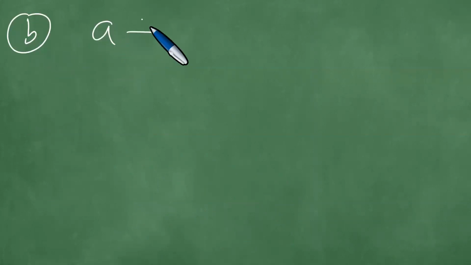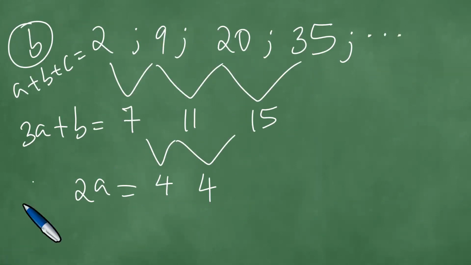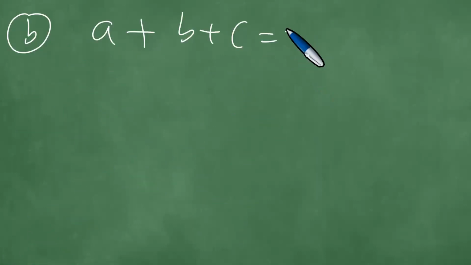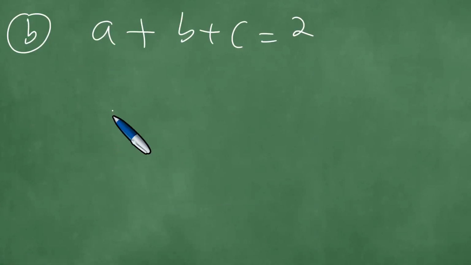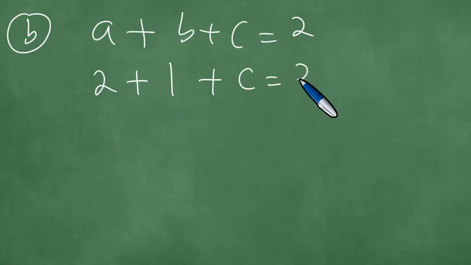We have a plus b plus c equals the first term of the quadratic. So a plus b plus c equals 2. a equals 2 and b equals 1, so 2 plus 1 plus c equals 2, which means c equals minus 1.